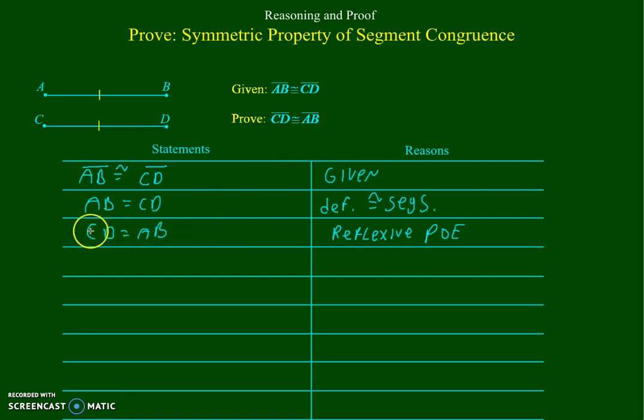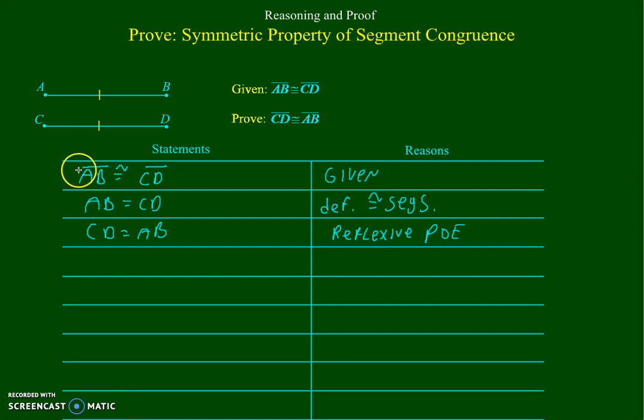Now I have to go from equality here back to segment congruence. Up here we went from segment congruence to length equality, and the reason was definition of congruent segments. Remember that all definitions are biconditionals, which means that their converse as well as the conditional are true.